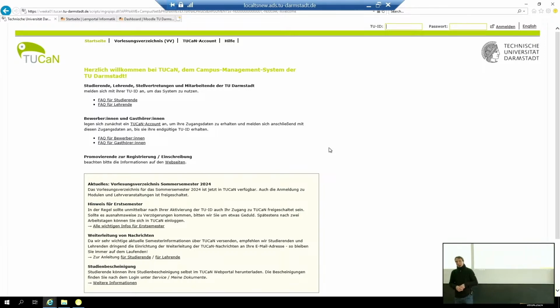It's not a good idea anyways, because it will overload the overview in Tucan a lot, and then it's getting even more painful. Make sure to really register only what you want to take, or probably what you want to take as an exam in the follow-up semester, right? Because otherwise it's really overcrowded at some point.